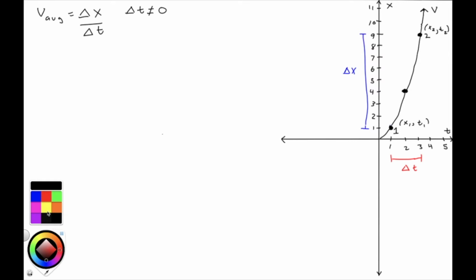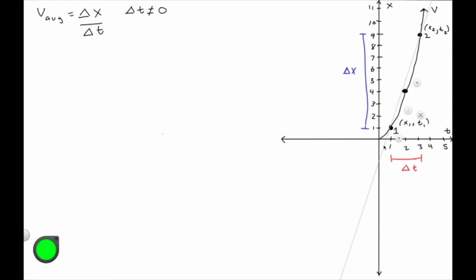And so if we were to take a line and draw it between these 2 points, the slope of that line would be called the secant line. So let's draw a line in between these 2 points, point 1 and point 2.